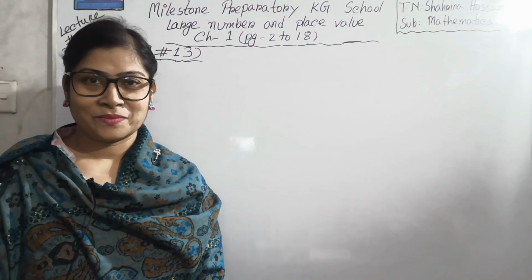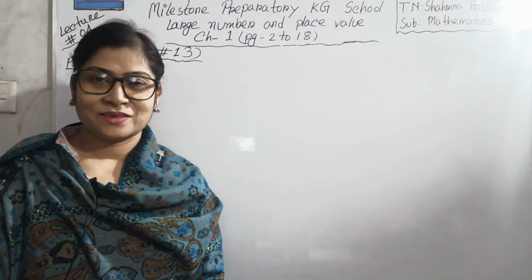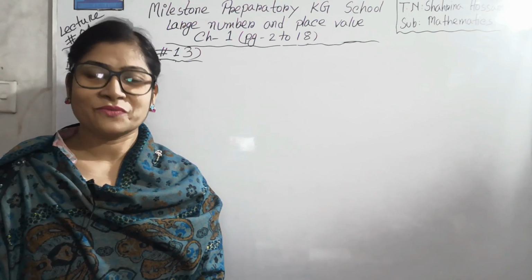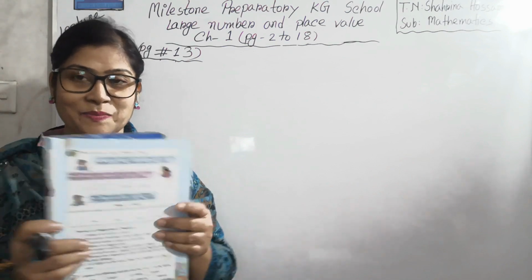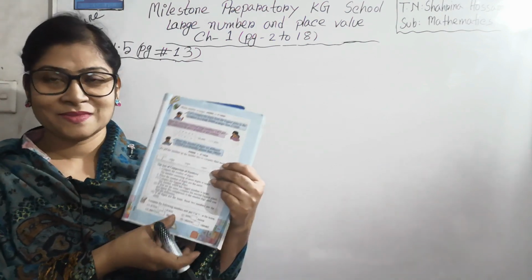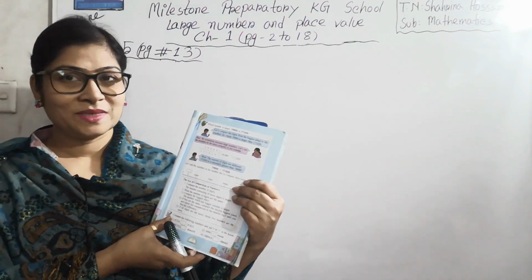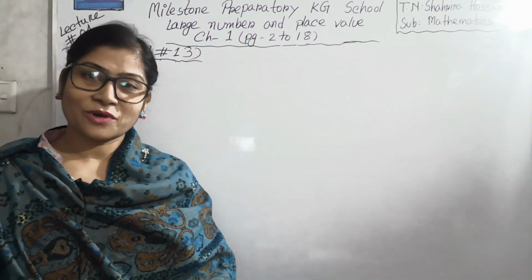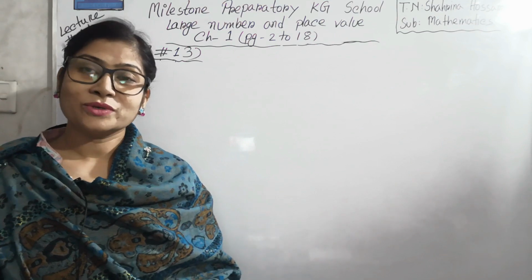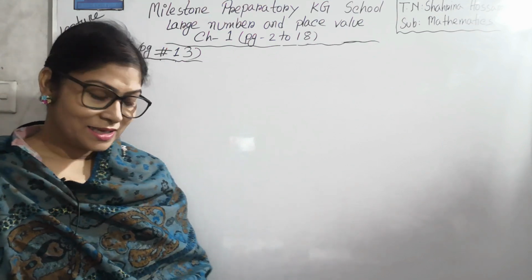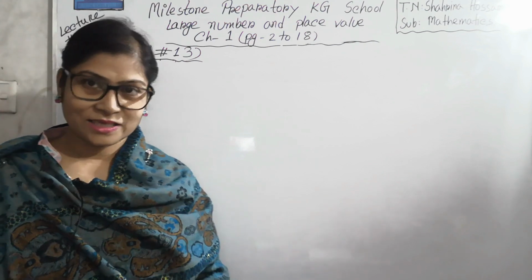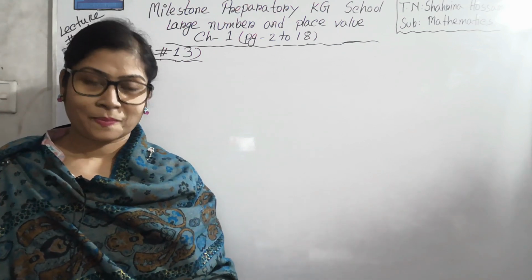Now let's come to another page. Go to page number 13, exercise 1.5. This page. Problem number 2. In this lesson we will compare the following numbers and put greater and smaller in the box. That means we are using the greater and smaller signs here.